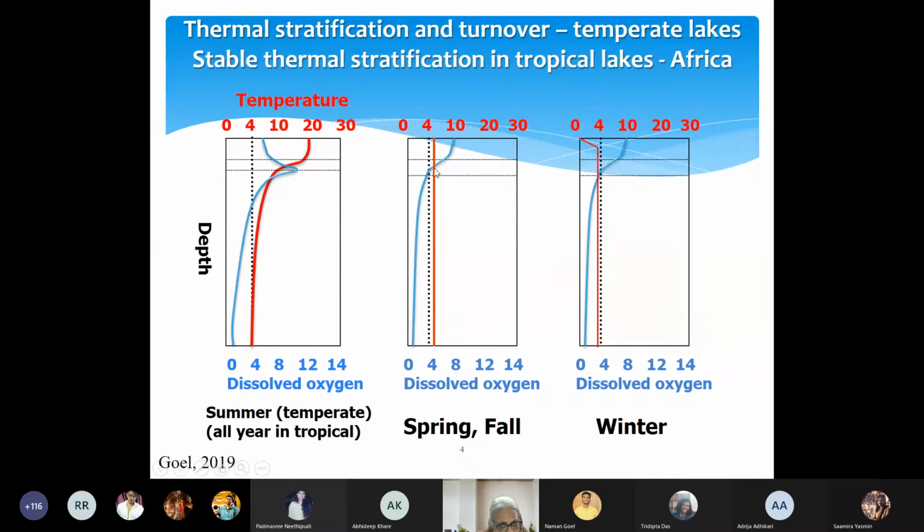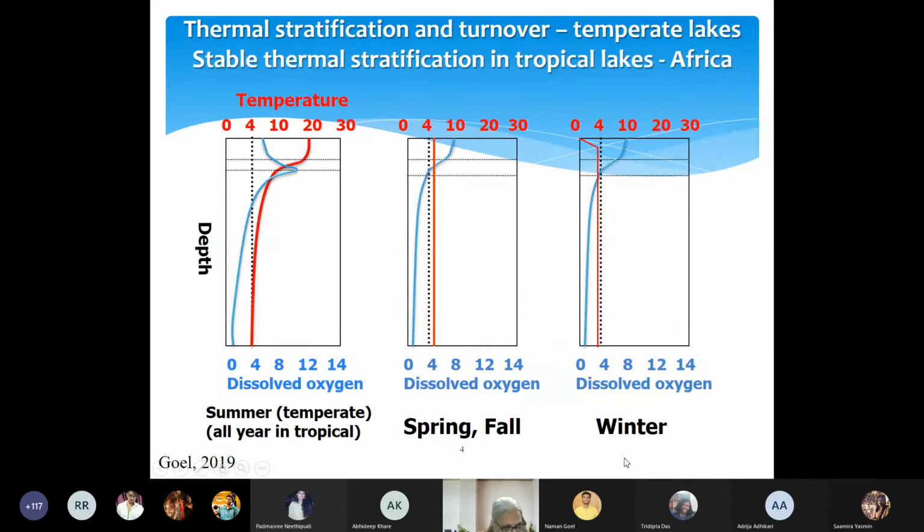They are going to deplete the DO, and as you go deeper and deeper, if the water is not good quality water, then there is a possibility that the DO level can come down to zero. I have not shown zero. It can be zero, it can be higher than zero. That is the second season.